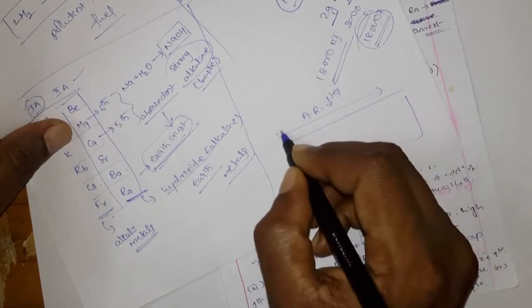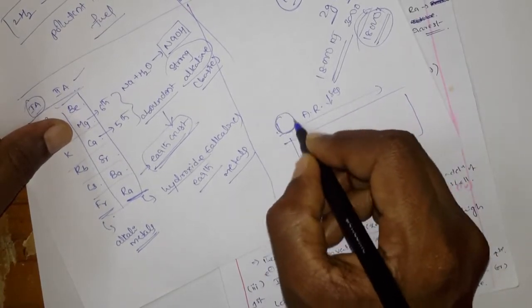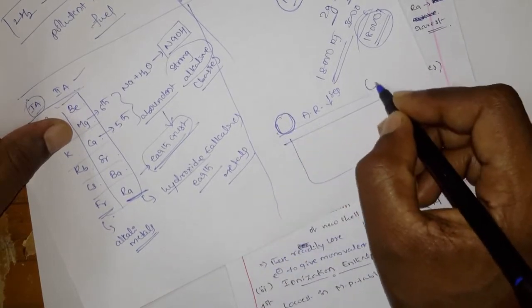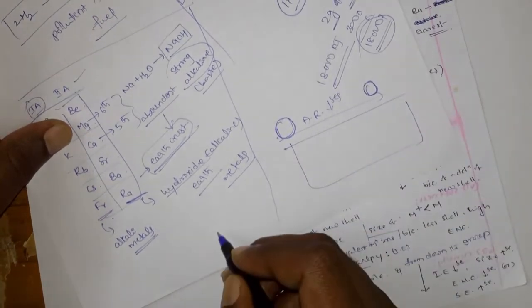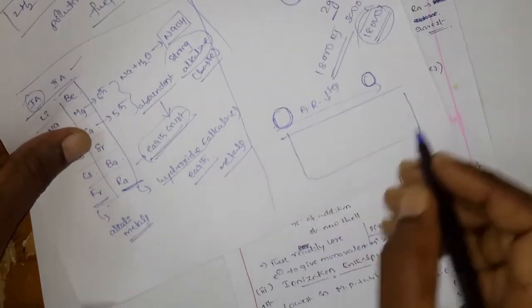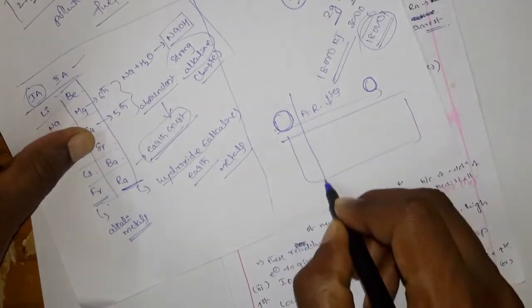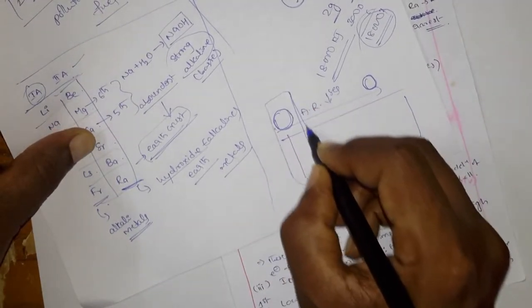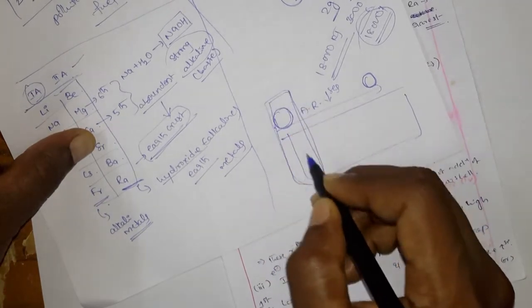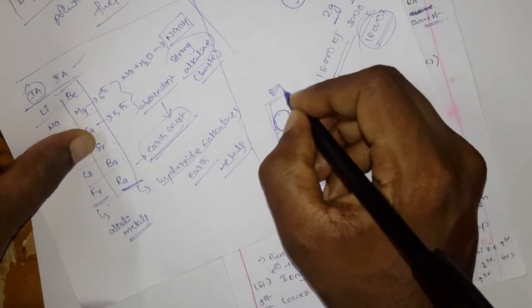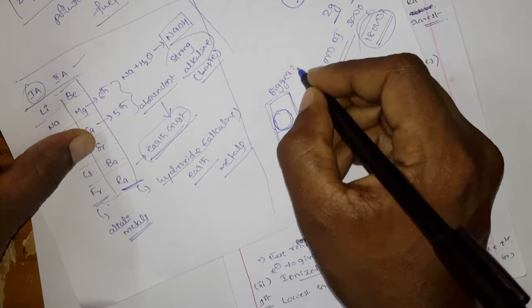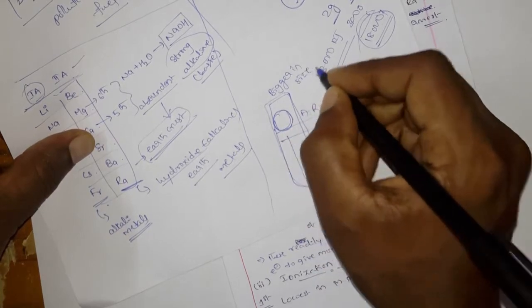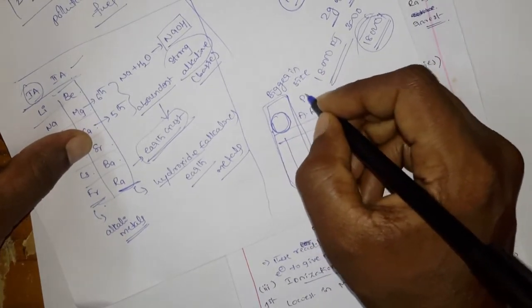So here are the bigger elements and here are the small elements, which means overall the left side elements are generally bigger in size in the periodic table.